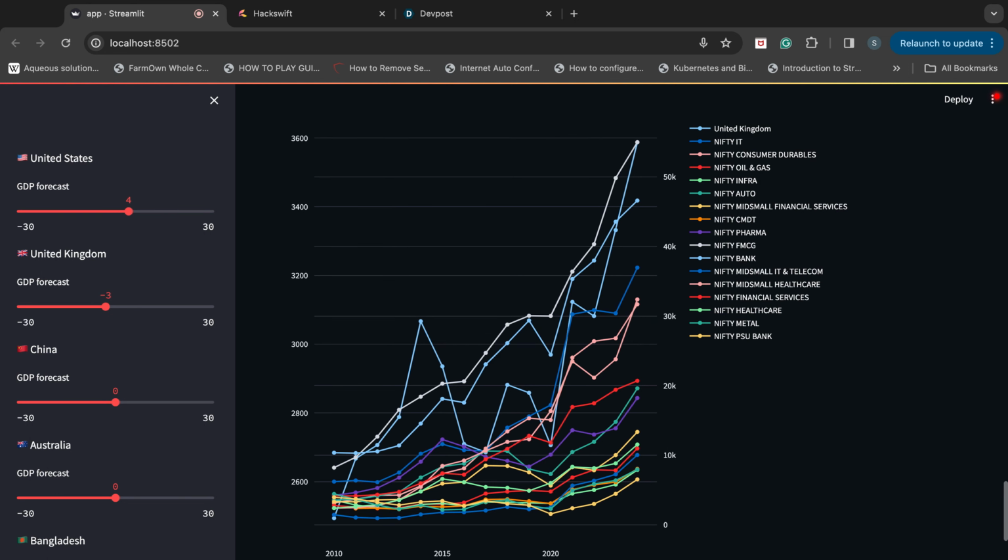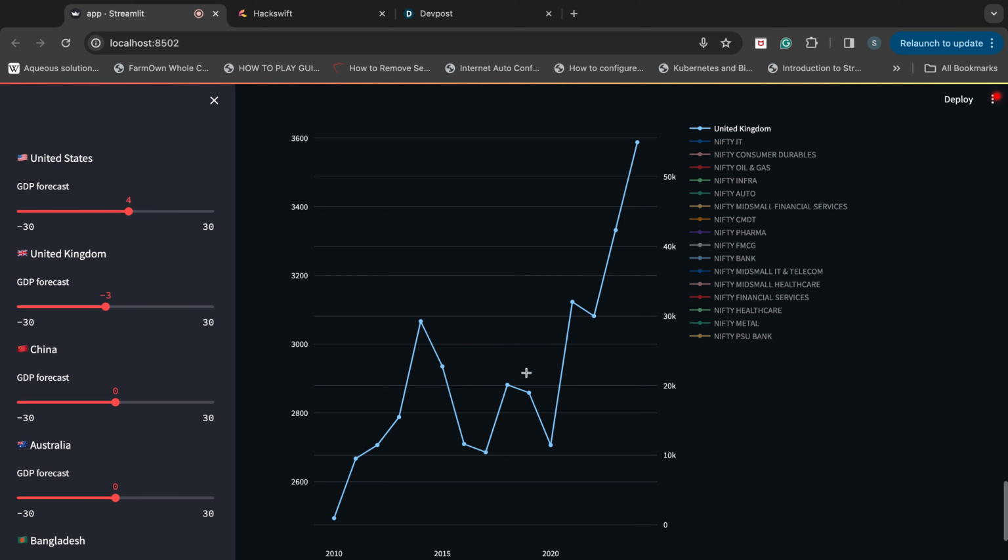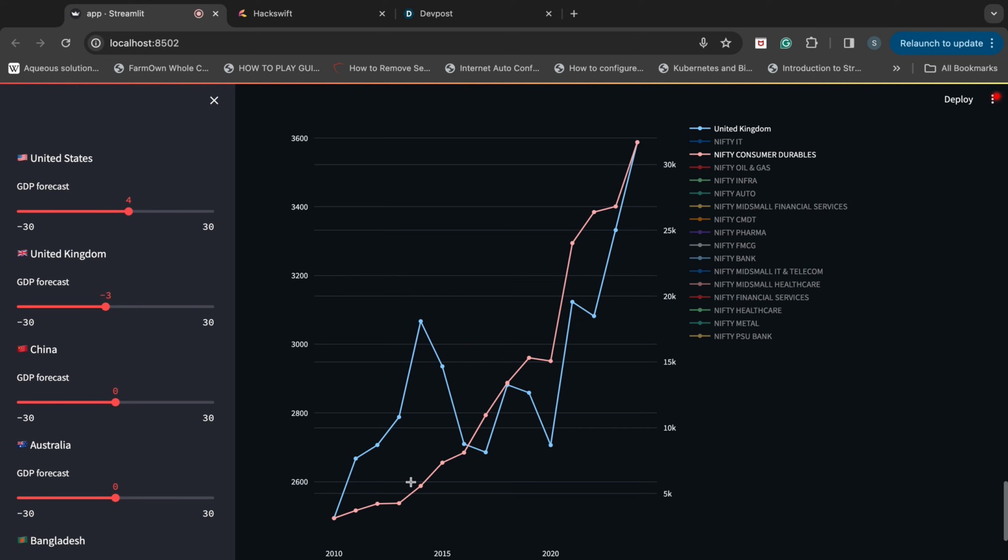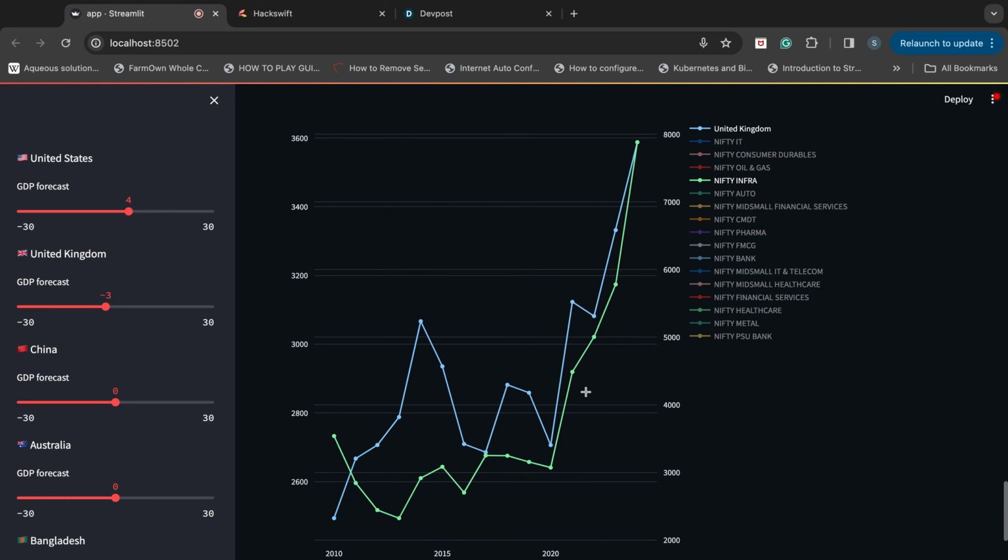So the blue line again represents the UK's GDP curve. Then we see just a few of the sectors here. So we see that consumer durables is kind of related with the UK's GDP curve. Then we see infra, the pattern is almost same here.